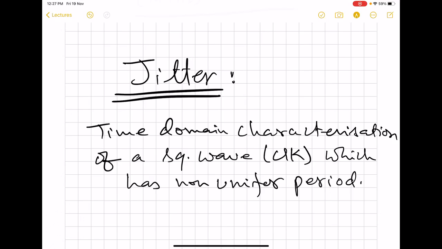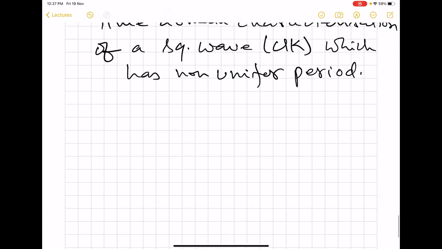In fact, all the real life clocks will have this property. So in real life, we will always have this kind of clock.